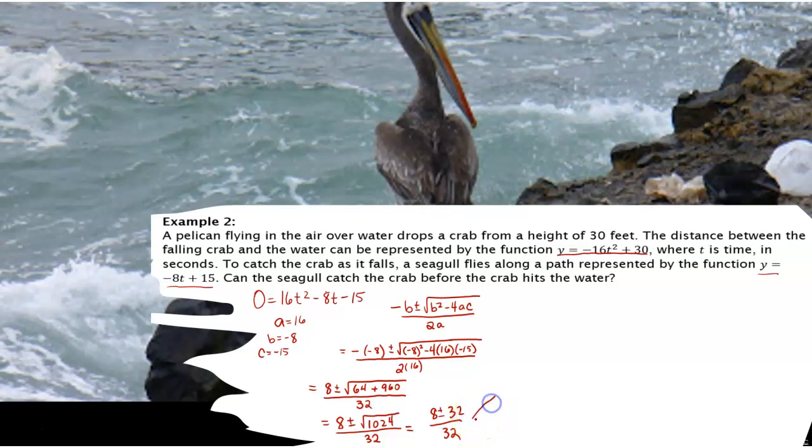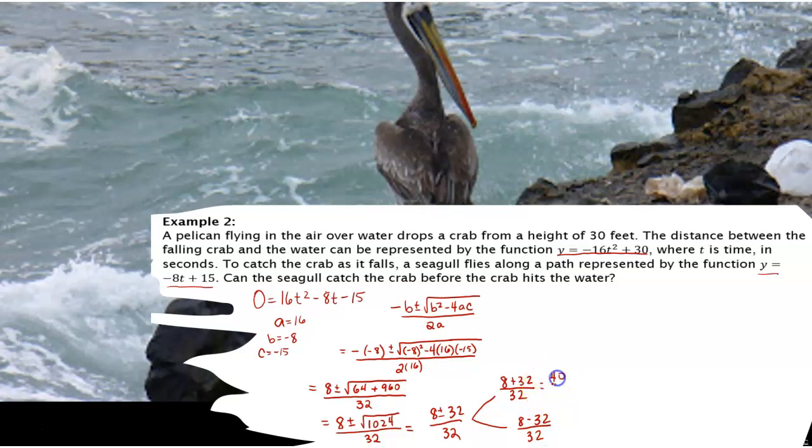So we have two cases. One where we do 8 plus 32 divided by 32, and the other where we do 8 minus 32 divided by 32.